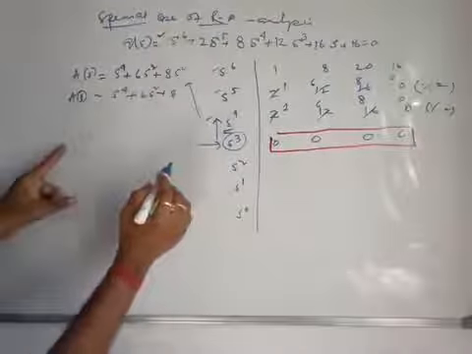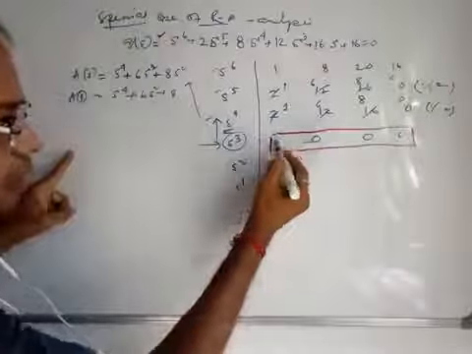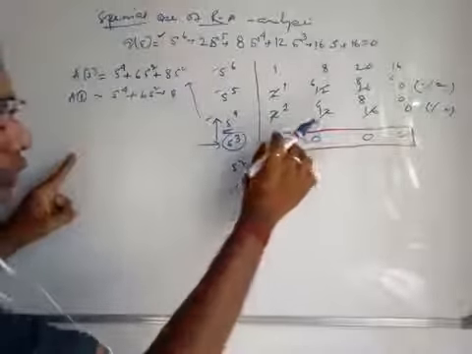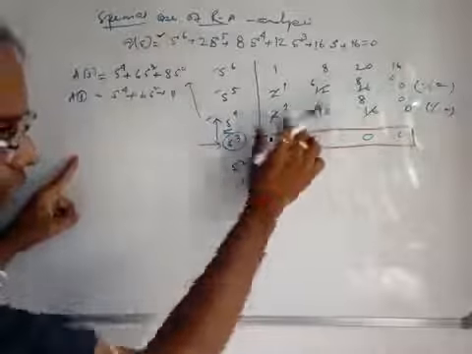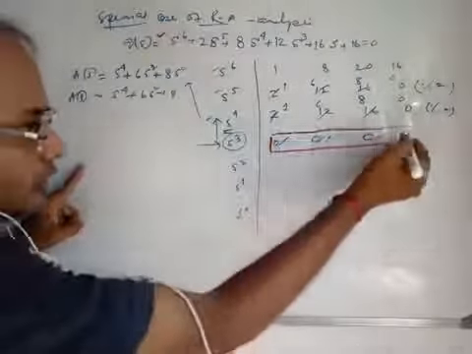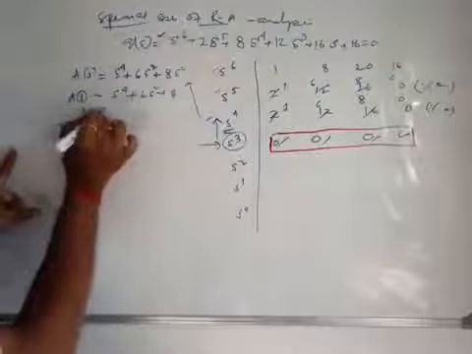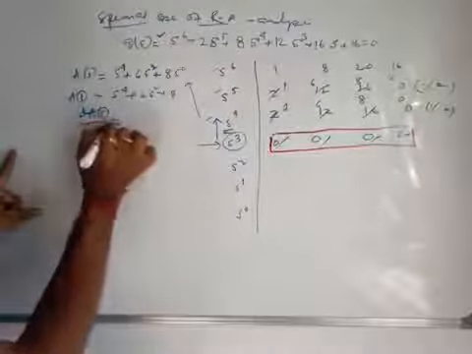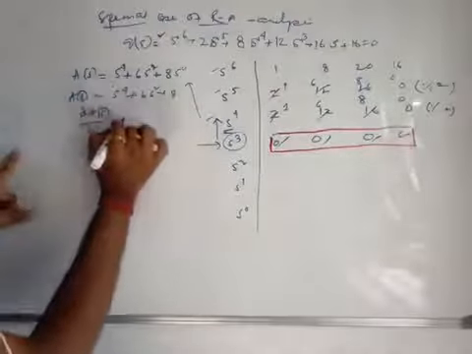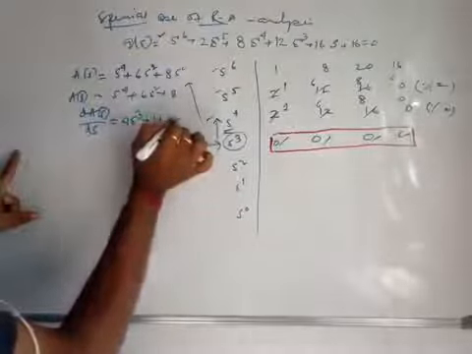Now our aim is to find finite values for the elements of this particular row. So to avoid these zeros, what we have to do is differentiate dA/ds once. So you will get 4 s cube plus 12 s plus 0.